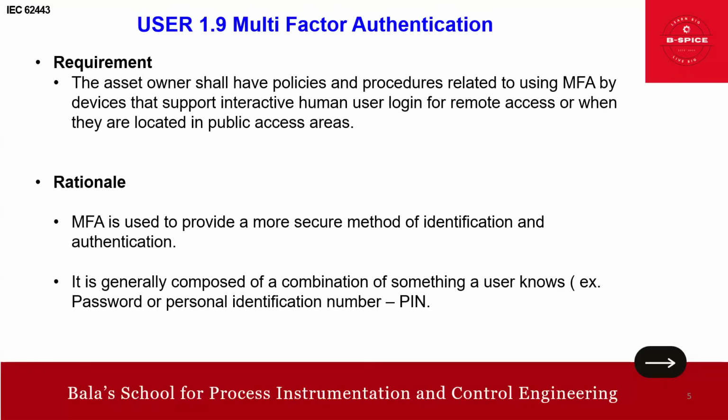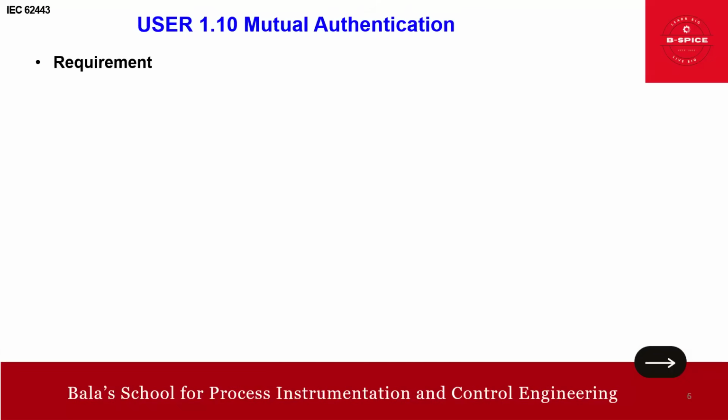All devices that support interactive user login, such as workstations, and that are granted access to the IACS should be evaluated to determine if they face the risk of access by unauthorized personnel. So this is very, very important. Hope you know this. It is just a recap. This is about multi-factor authentication.